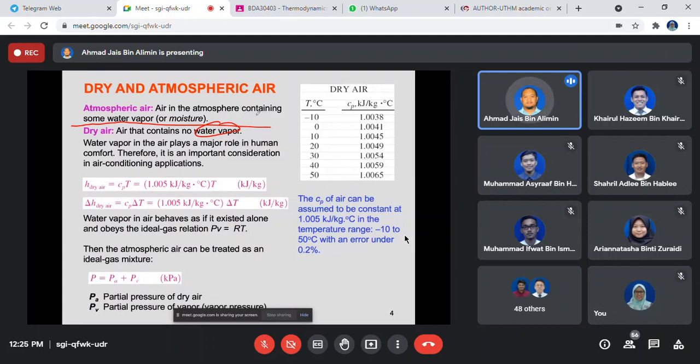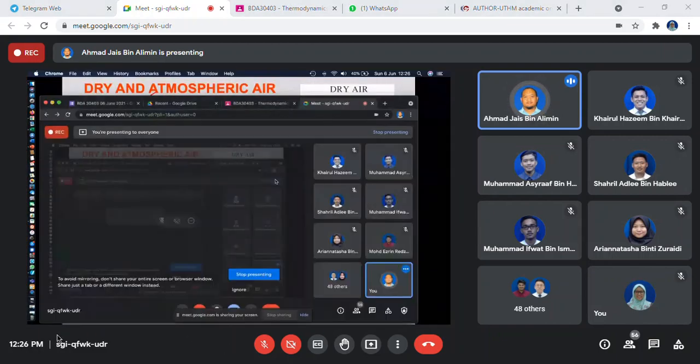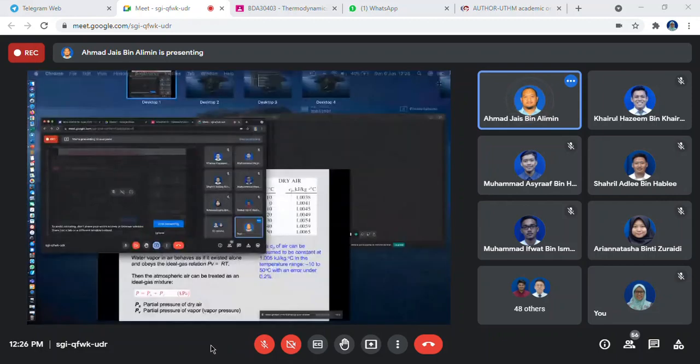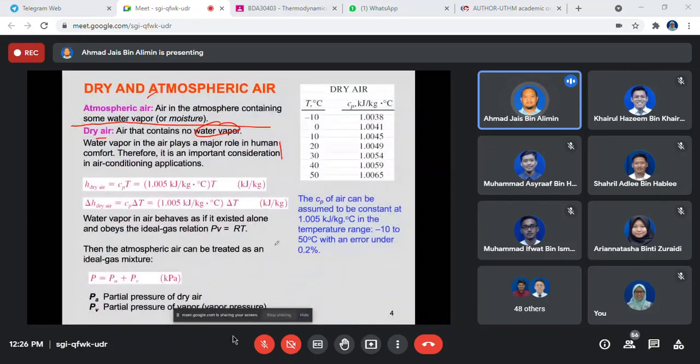If the air in the atmosphere contains water vapor, then we call it atmospheric air. If there isn't any presence of water vapor, then we call it dry air. So dry means that there's no water vapor involved. And as I mentioned just now, water vapor is important to human comfort, and it's also the core concept that is being used in air conditioning applications.